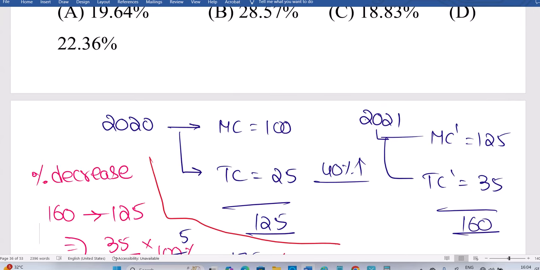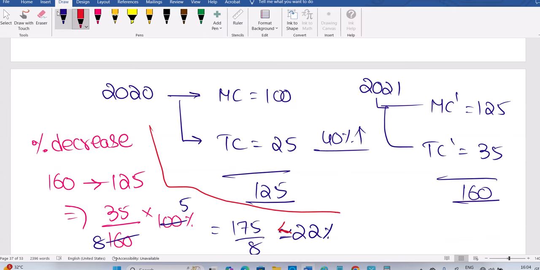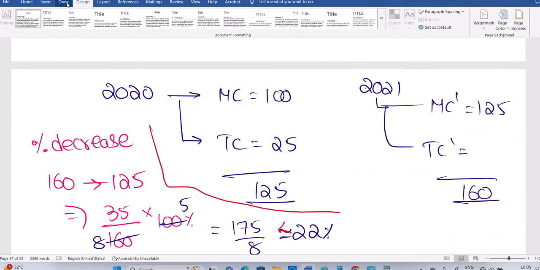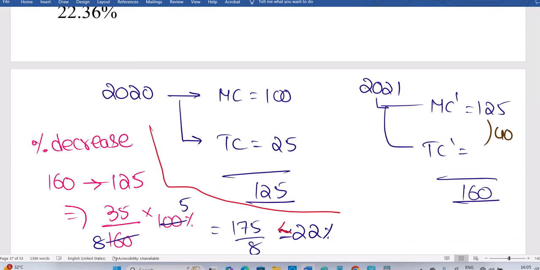My dear friends, listen, I made a mistake, not you people. Transportation cost is 40% of the manufacturing cost. 40% of this is 50 rupees. 10% is 12.5, 20% is 25, 40% will be 50. Then this will be 175. Mistake from my end, 175 here.